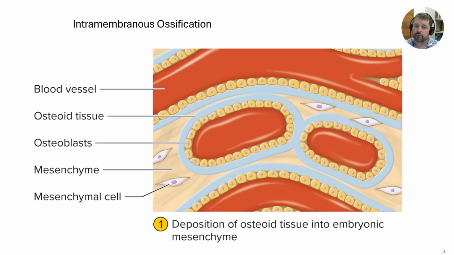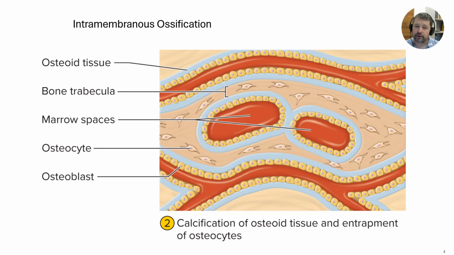The first step is to deposit that osteoid tissue in that region. The second step is to start to calcify that osteoid tissue.